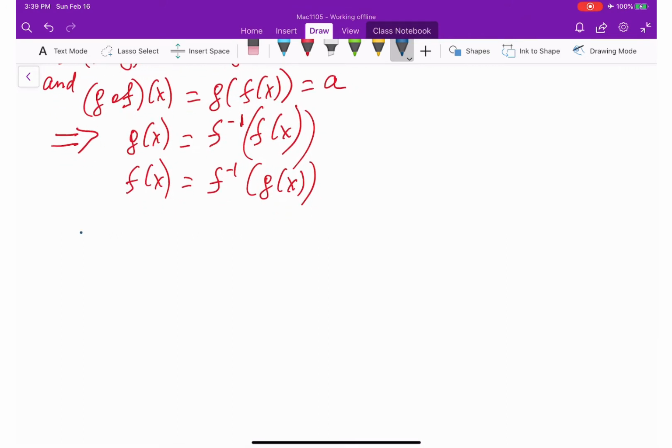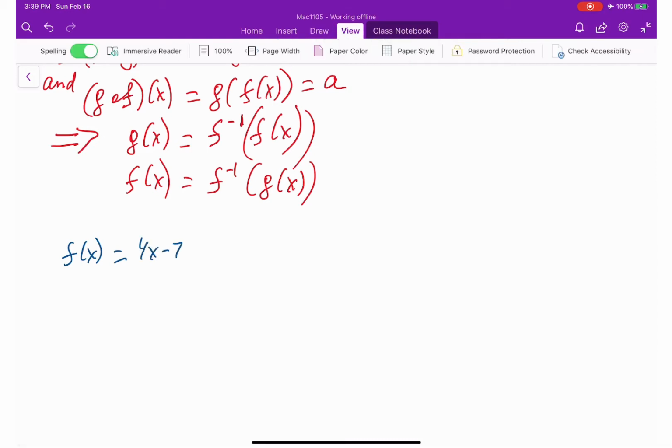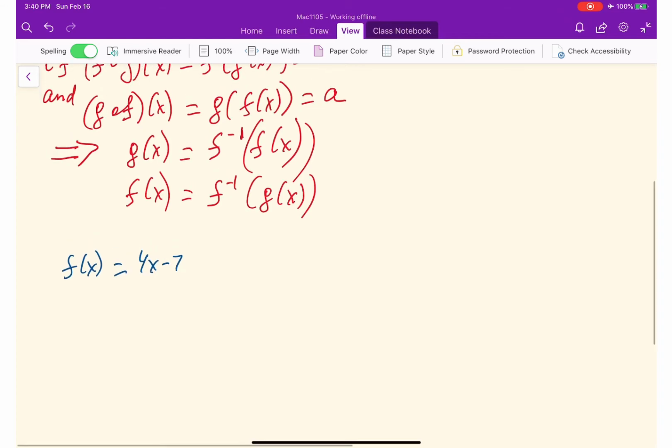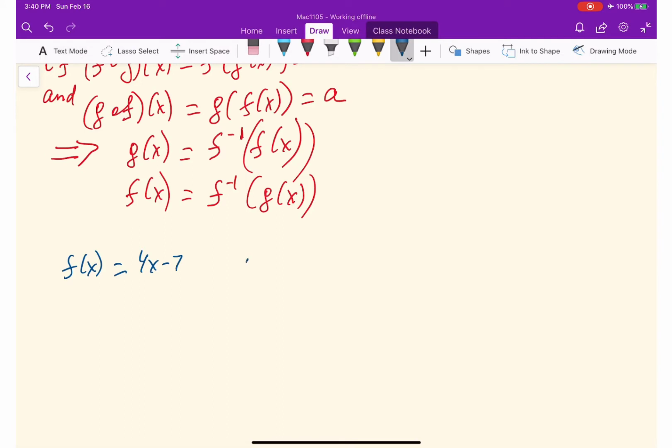Let's assume f of x is equal to 4x minus 7 and g of x is equal to x plus 7 over 4.